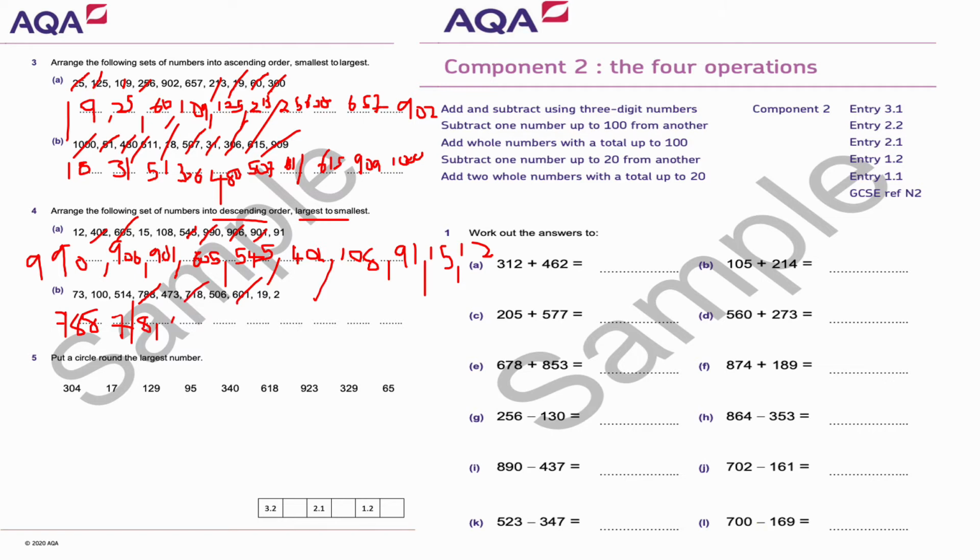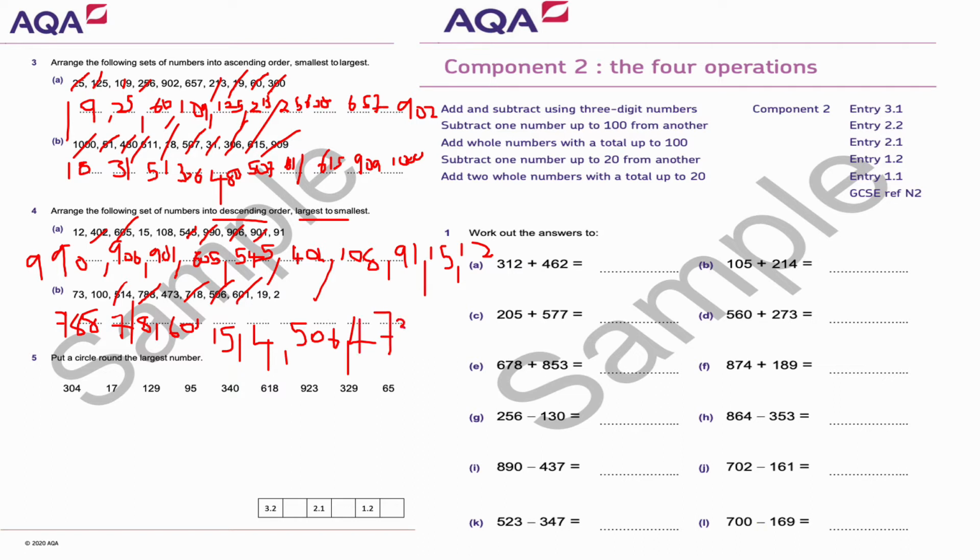Then it's going to be 601. Then it's going to be 514, 506. So 514, 506. Then it's going to be 473.